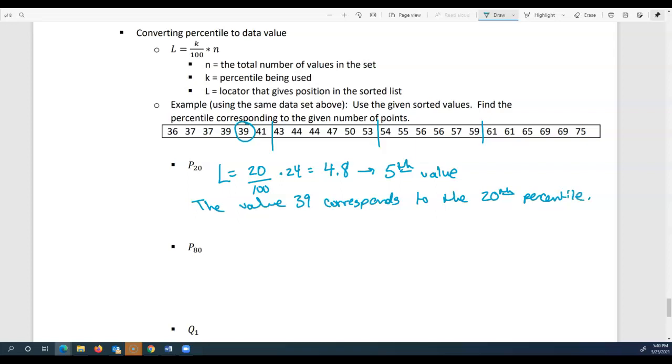So P80, we're trying to figure out where that 80th percentile is. Find the location. 80 divided by 100 times 24, since there's 24 values.